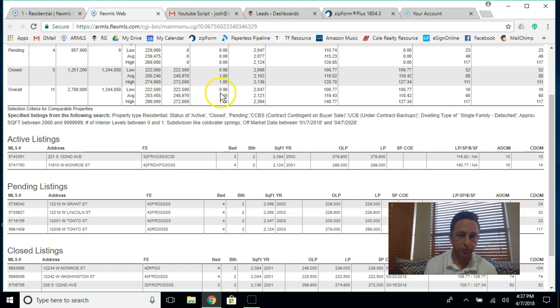But I would like to try to get my clients the best deal possible. So knowing that everybody else, even though they might have paid, quote-unquote, asking price on the surface, they might have gotten some concessions. Okay? So let's say $279,900 times 0.98 would be an offer of $274,302.